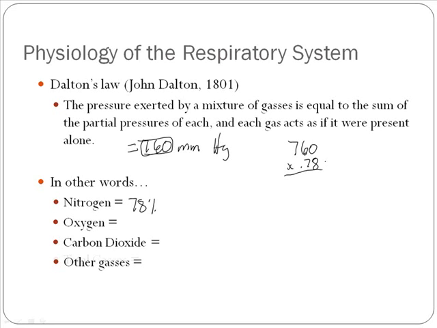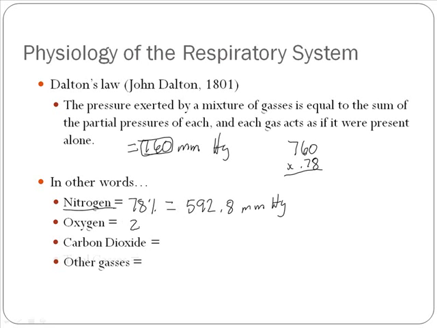What we end up with is that nitrogen accounts for about 592.8 millimeters of mercury, which tells me that of the 760 millimeters of mercury of pressure in the air right now, 592 of it is just nitrogen all by itself.